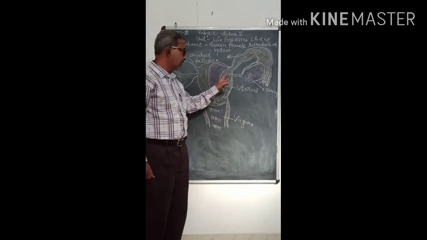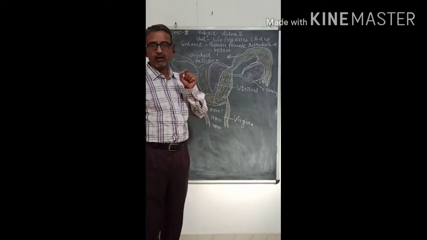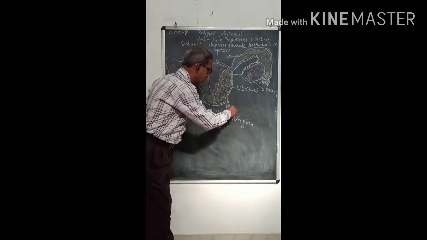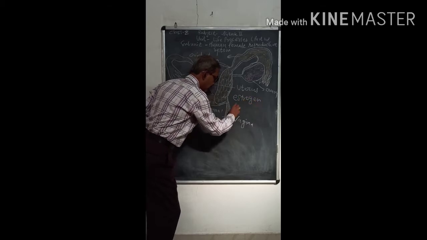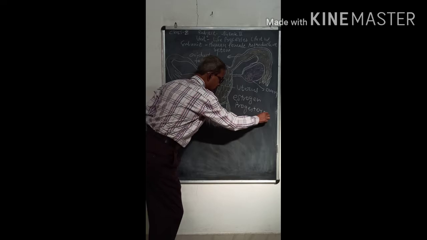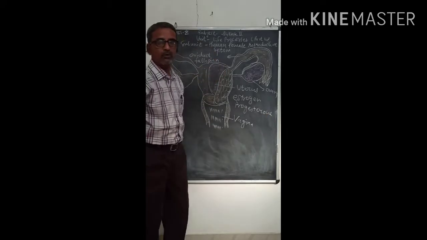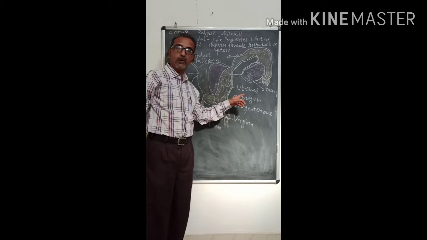Then the ovary secretes a hormone called estrogen and progesterone. So 2 hormones are secreted by the ovary during puberty.